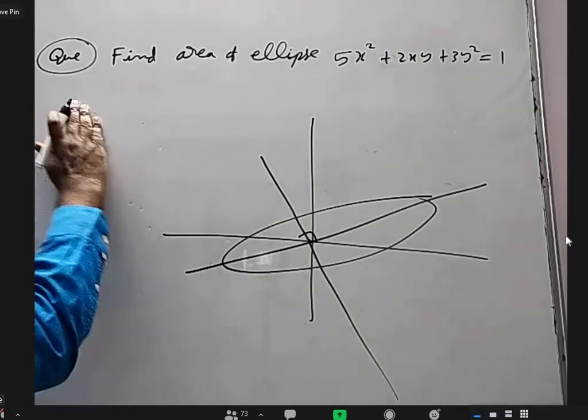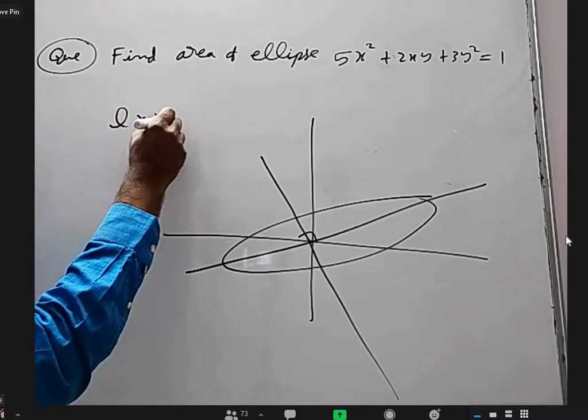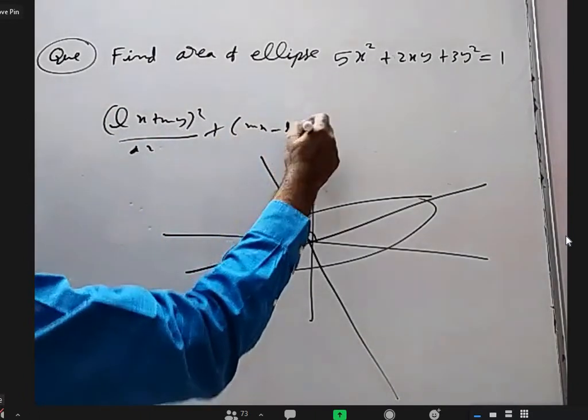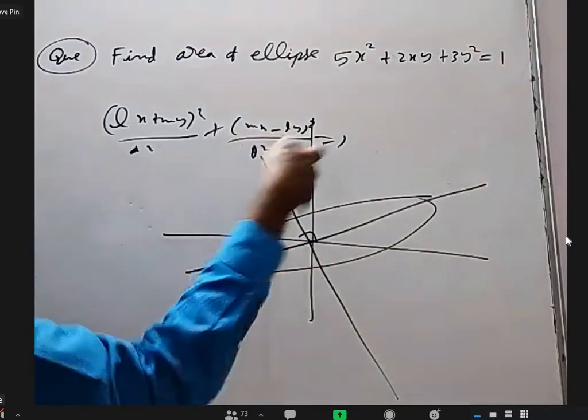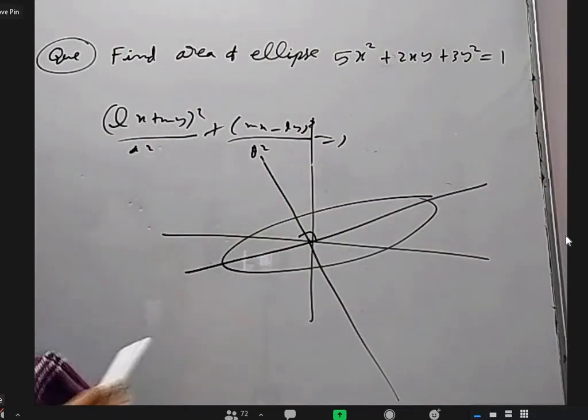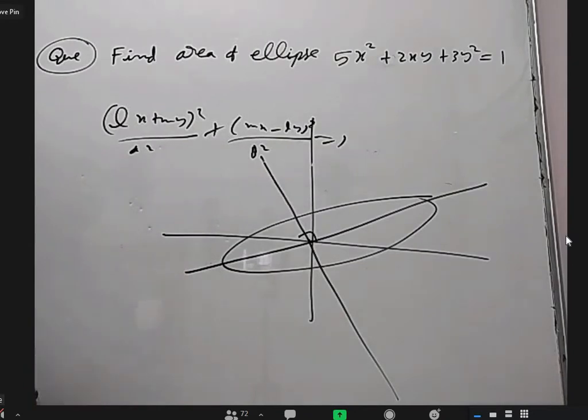Somebody can take it as (Lx plus My) whole square by A square plus (Mx minus Ly) whole square by B square equal to 1 or something. Try to compare and find the L value, M value, A value, B value. It may become difficult because we have 3 unknowns and L, M, A, B are 4 unknowns.